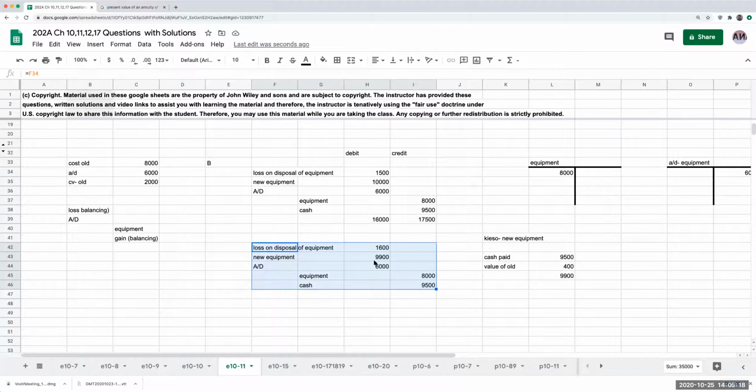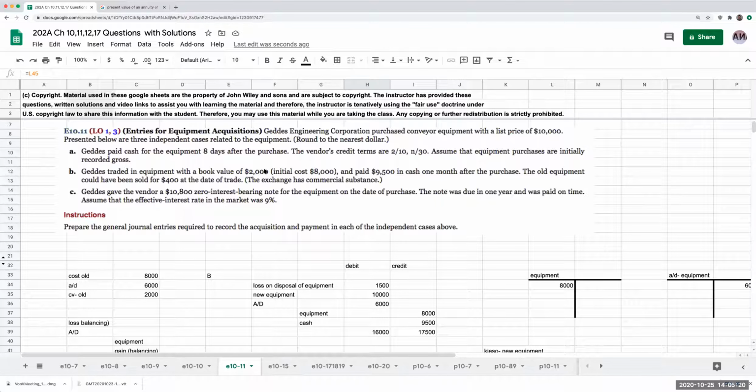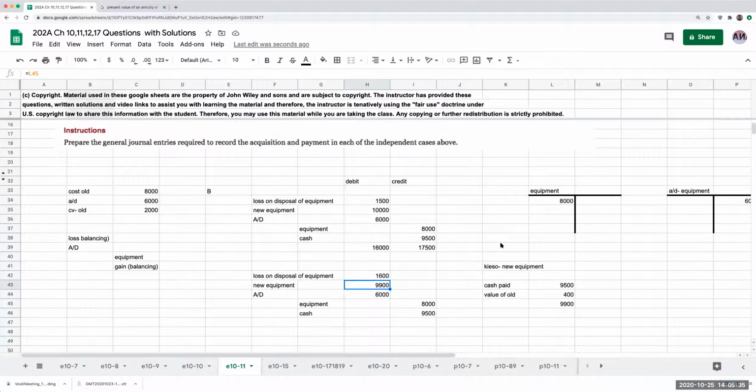They're saying that you should be valuing the new equipment at the $400 it could have been sold for, plus the 9,500 cash, because they're saying that's a better value than the list price of 10 grand. Now, what I would say is, if it's a list price of 10,000, it's a list price of 10,000. If that's what they're selling for, that's probably what the value should be. So that's how I would go through and do it, but I could be wrong.